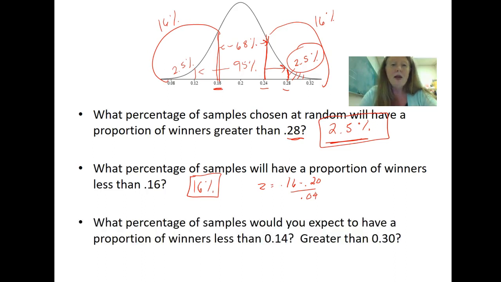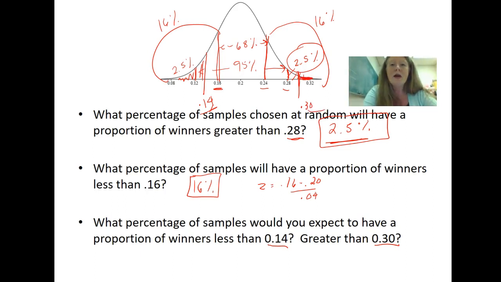Finally, what percentage of samples would you expect to have a proportion of winners less than 0.14 or greater than 0.3? So again, less than 0.14 is over here, 0.14, and greater than 0.3 is going to be up here somewhere, 0.30, so this little chunk.